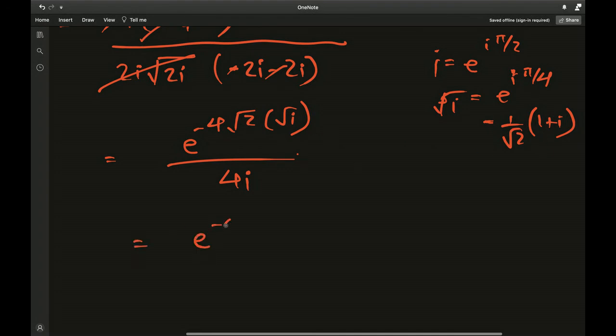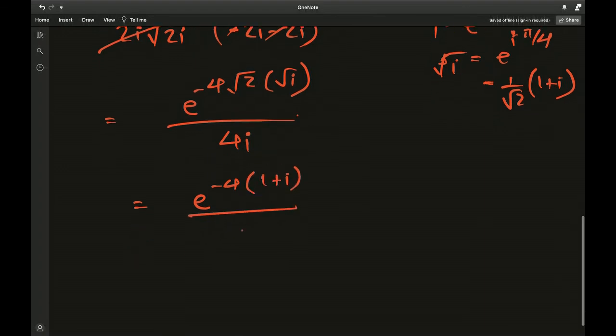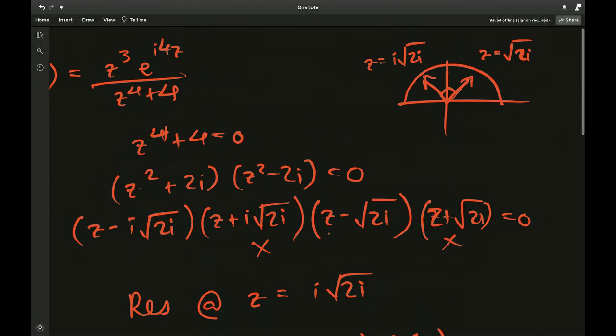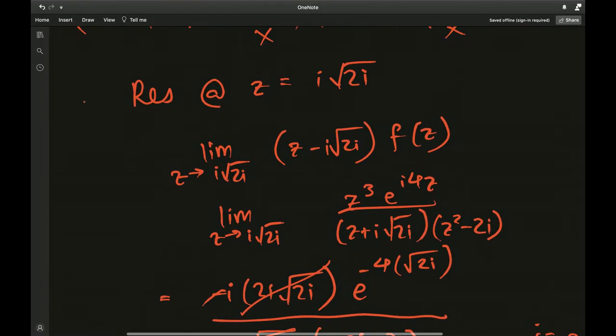You have e to the negative 4, 1 plus i, divided by 4i. We can split this up: e to the negative 4 over 4i multiplied with e to the negative 4i. That is basically residue number 1.